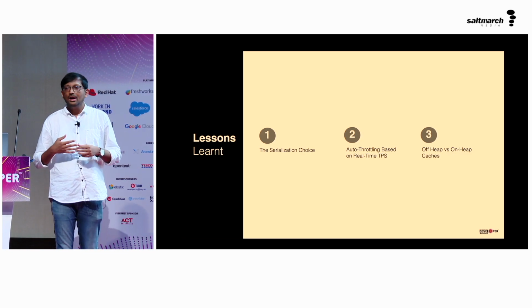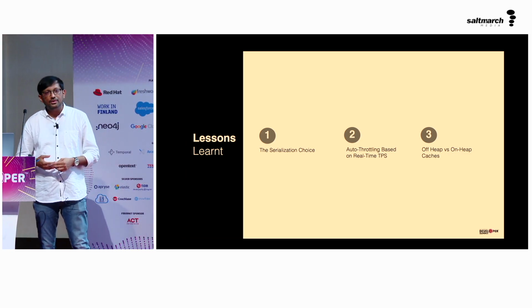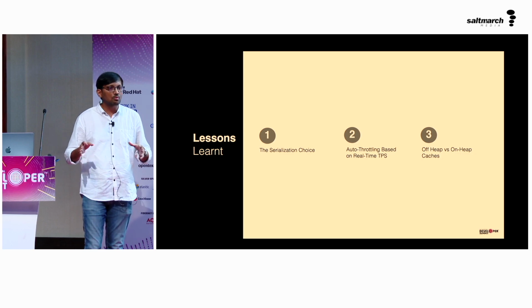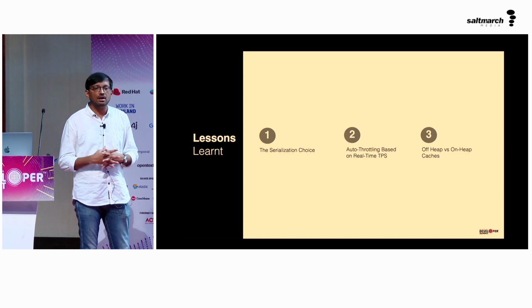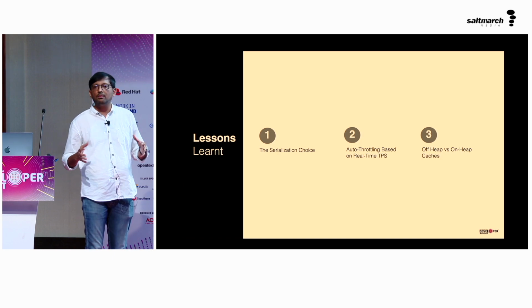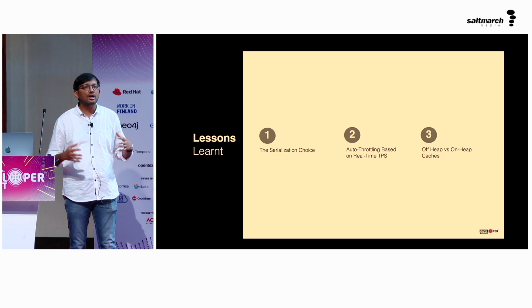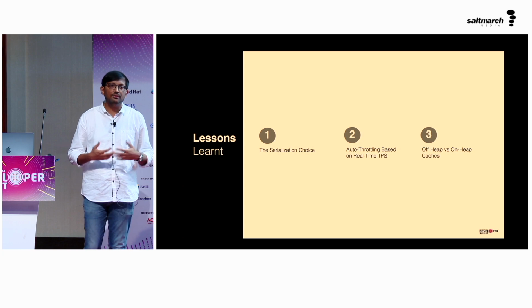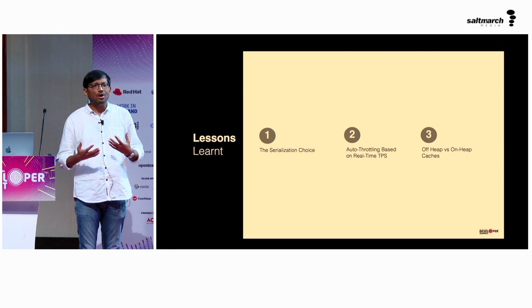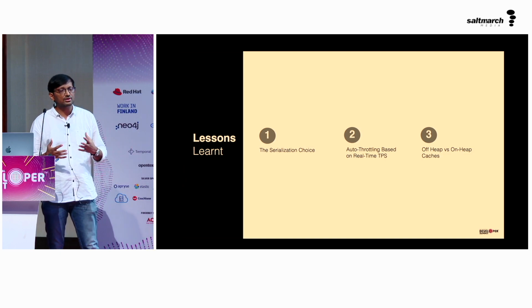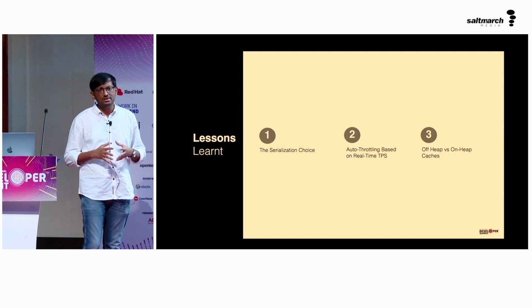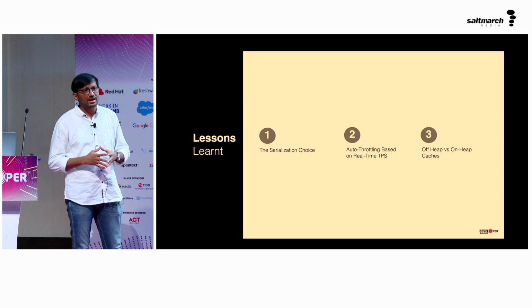We evaluated protobufs, flat buffers, Javolution, and I'm sure there are a few more, and we finally figured out which one gives you the best compression rate, right? If you have 2 terabytes of data in a JSON format, and you serialize it with the right format, you can bring the size down by anywhere between 5 to 6 times or 6 to 8 times, right? So it's a huge benefit in serializing this.